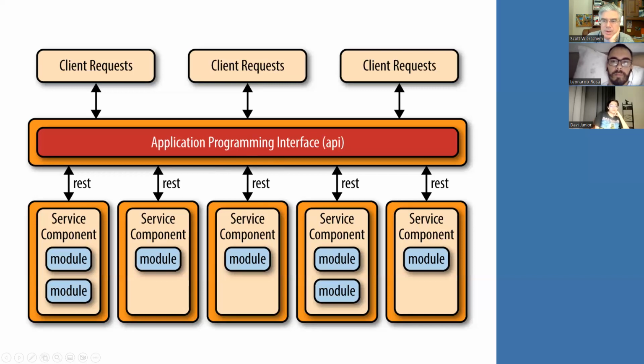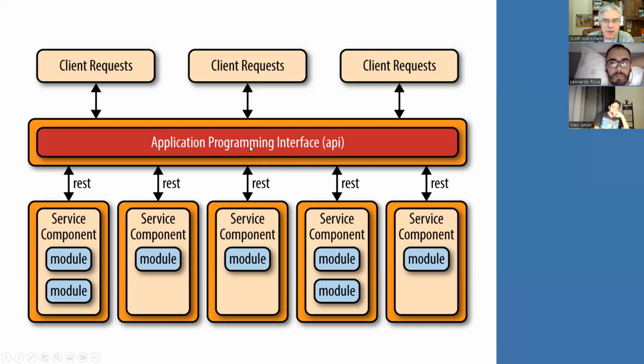There are dozens of ways to implement this pattern. The most popular is this one that we have here, where you have a number of very fine-grained service components, hence microservices, and they have just a few business modules for handling specific business logic, and they're usually accessed by a REST-based interface through the API.